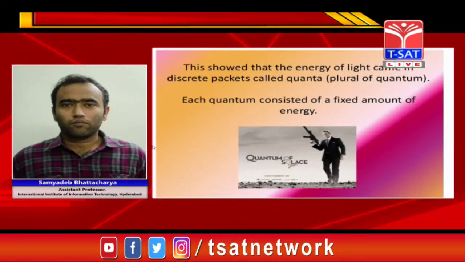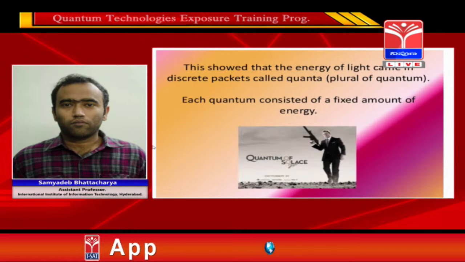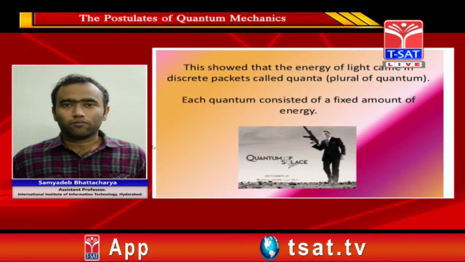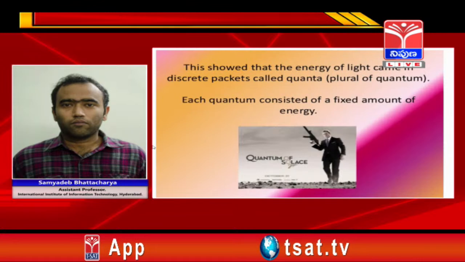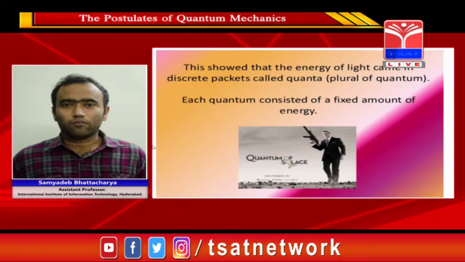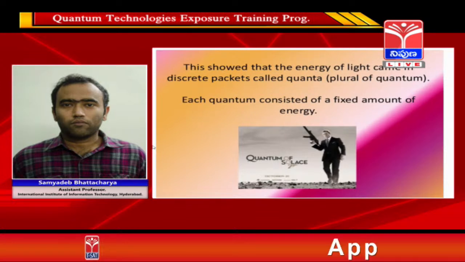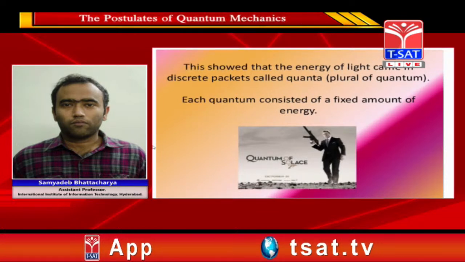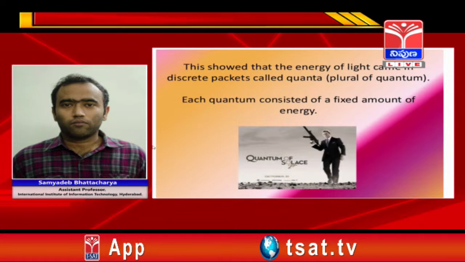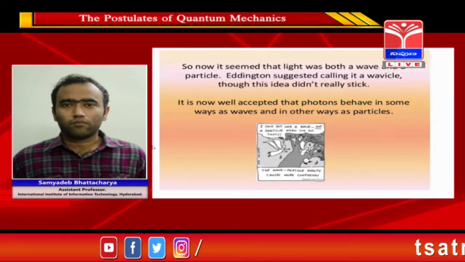But when we explain something like the photoelectric effect, and other examples like the Compton effect, it is also firmly established that light is a particle. So light is also a wave, and it is also a particle. This was very curious at that time.